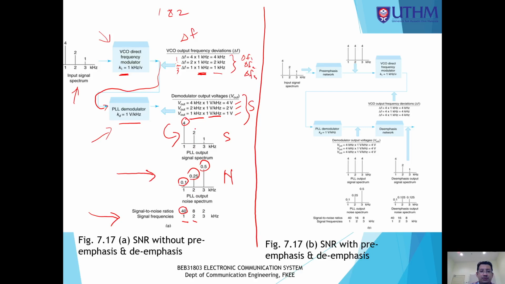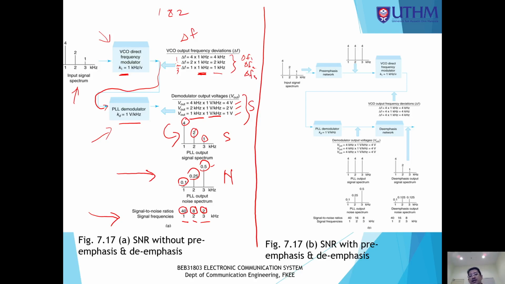At 2 kilohertz, 2 volt divided by 0.25, so you get an SNR of 8. At 3 kilohertz, 1 volt divided by 0.5, so you get an SNR of 2. So you see that these are the values that happen without pre-emphasis and de-emphasis.